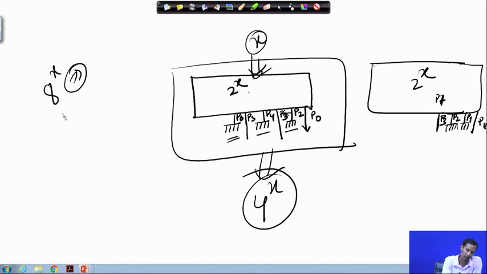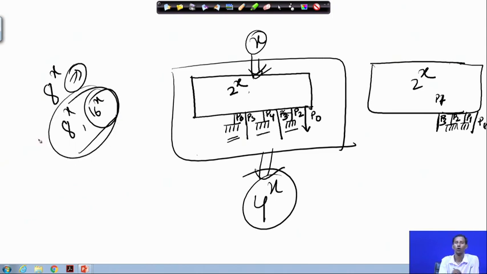Okay. So, that means any value of 8x or 16x or any values can be implemented using this 2 to the power x, but hardware wise there are no changes. Once you have implemented the 2 to the power x at the gate level, then you can easily implement the other functions of this.